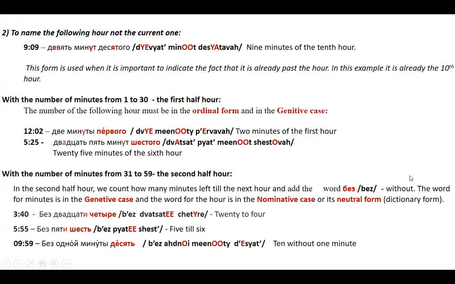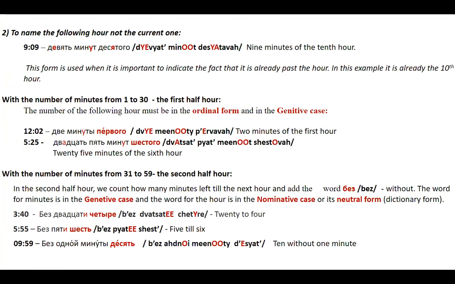Another way to tell time is to name the following hour, not the current one. It's something like that you have in English too. 9:09, and we say that it's 9 minutes of the 10th hour.